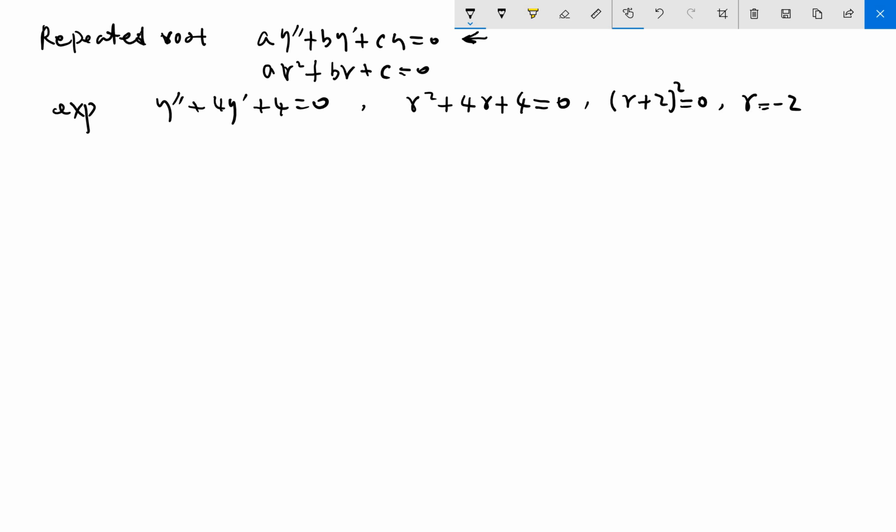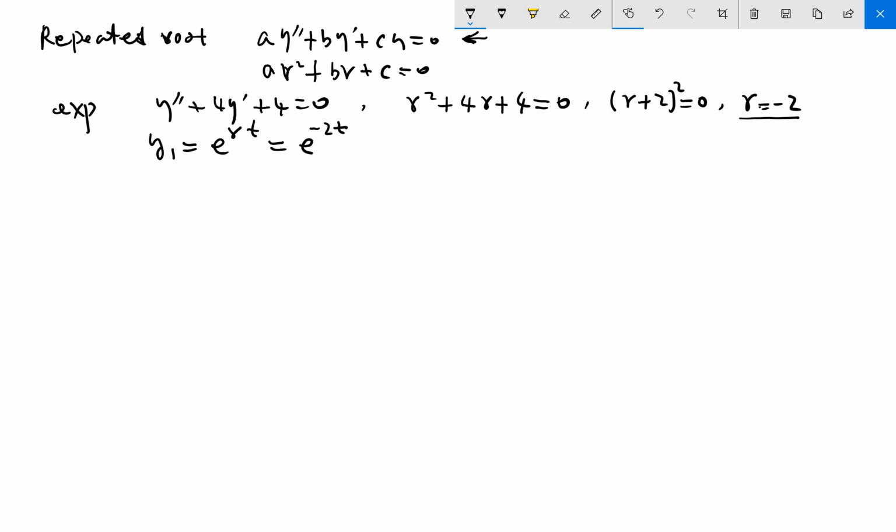For this problem we only get one zero, so we can easily find one solution, e^(rt), where r is -2. Now we need to find another one to form a fundamental set.